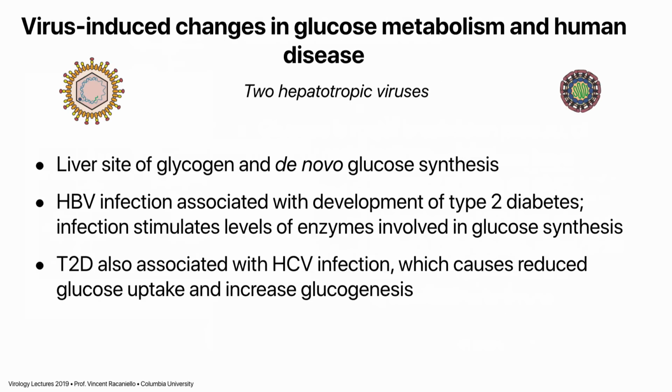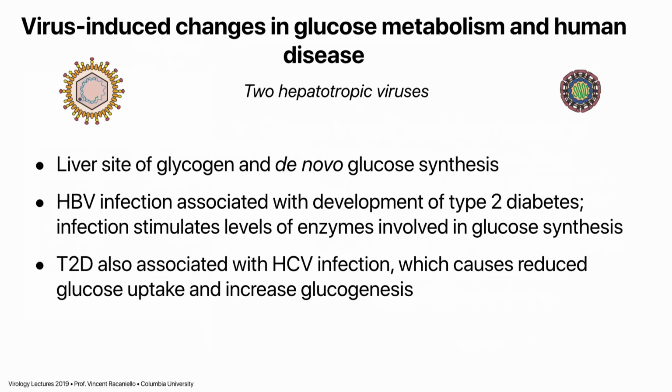Viruses also have roles in disease depending on where they replicate. Two hepatotropic viruses, hepatitis B virus on the left, hepatitis C virus on the right. They both replicate in the liver, which of course is the site of glycogen synthesis and de novo synthesis of glucose, gluconeogenesis. And these two viruses interfere with those processes leading to type 2 diabetes.